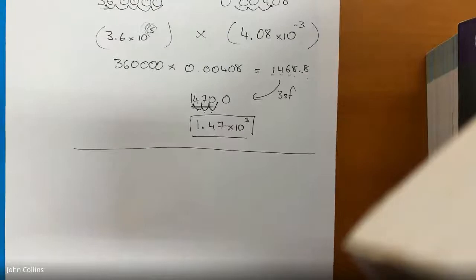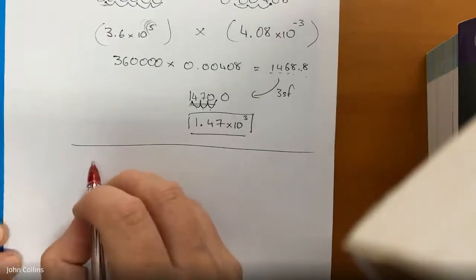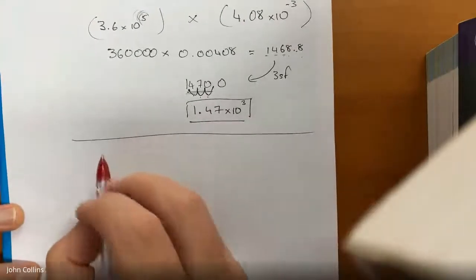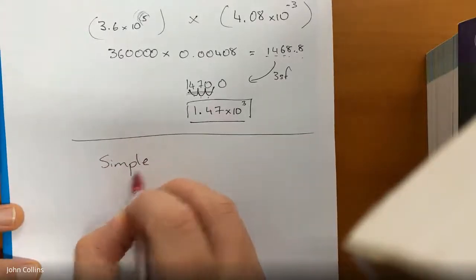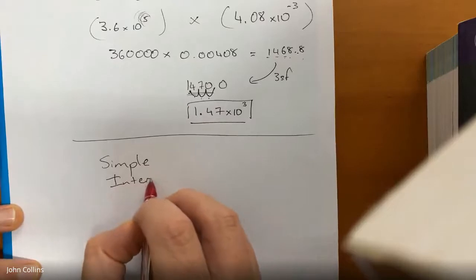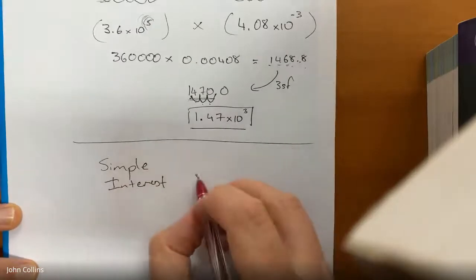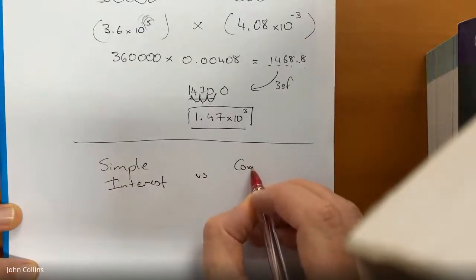Quick recap. Another quick recap for maybe the 200th time: simple interest versus compound. We really have to know the difference. I think most of you know it at this stage.